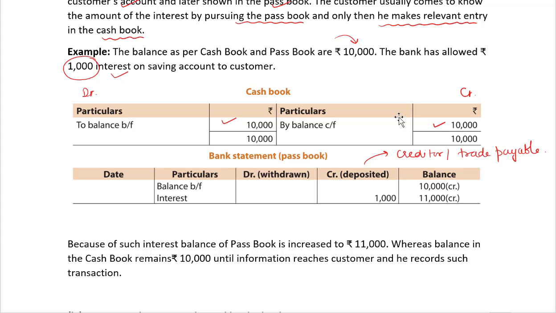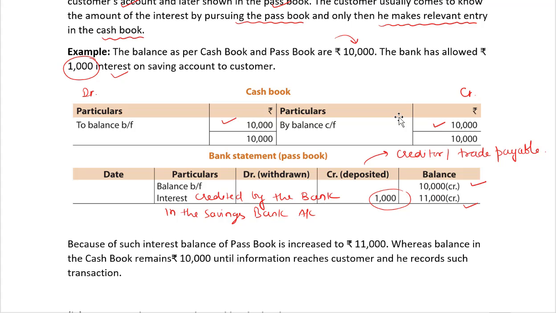So the opening balance is 10,000, and the interest credited by the bank in the savings bank account over here is 1,000. So the closing balance is 11,000.